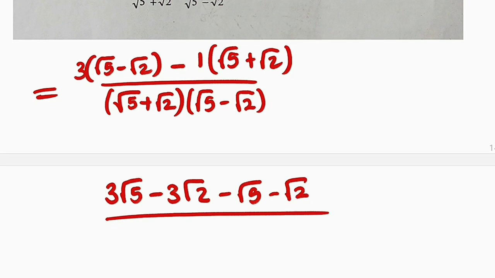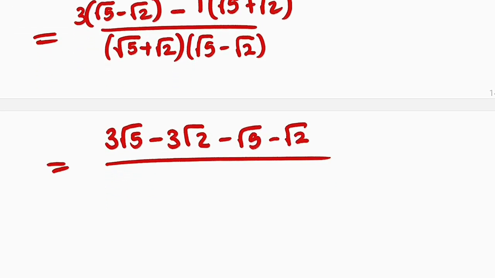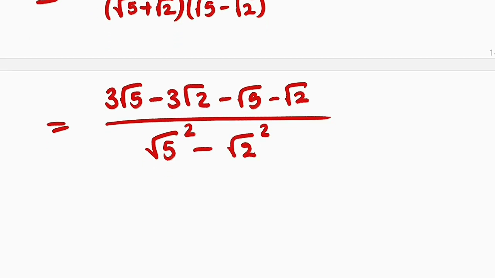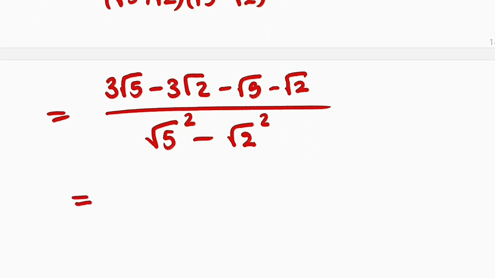And to the bottom, we have nothing but the difference of 2 squares, because you can see they only differ by sign, plus or minus. So you take the first one, you square that, you subtract, take the second one, you square that as well. So this is equal to, you can see we have 3 quantities here and a single quantity here. If you subtract, you get 2 quantities. So we have 2 root 5.